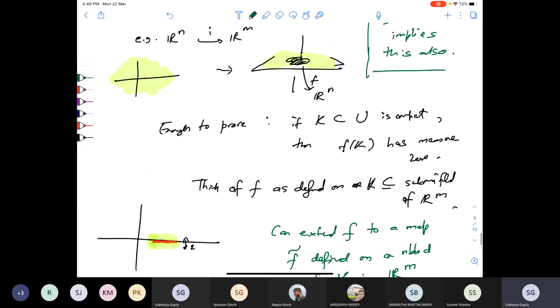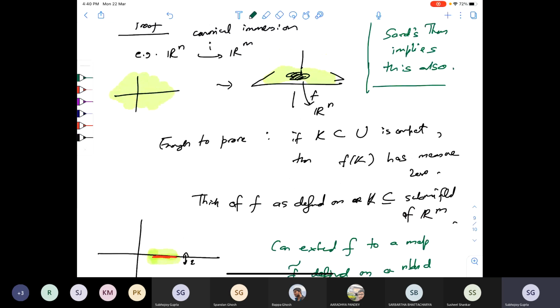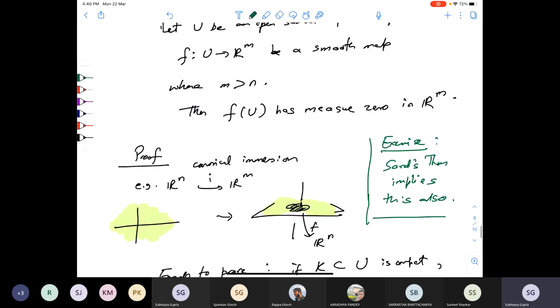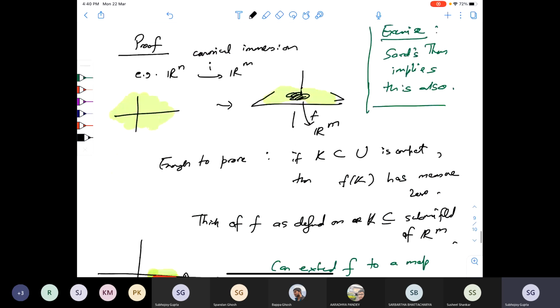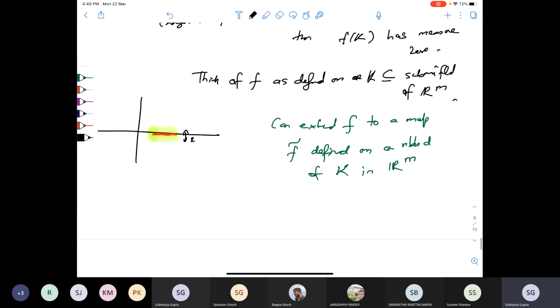Sorry, this is also R. I got this wrong. The F maps to Rm. Anyway, it's defined on a neighborhood, so now you can apply it.